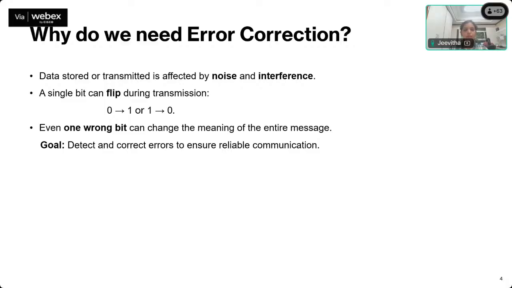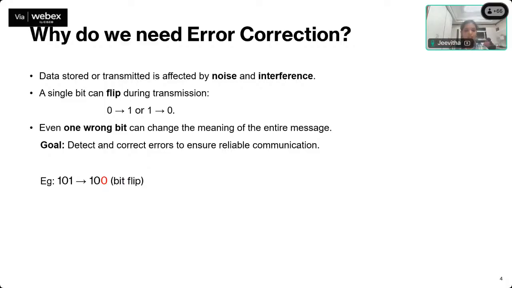A single bit flip error can occur where 0 flips into 1 and vice versa. Even a single wrong bit can change the entire meaning of the message. So the goal of error correction is to detect and correct this error so that we have reliable communication.